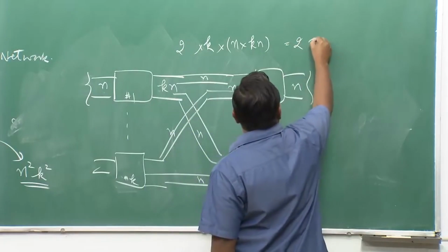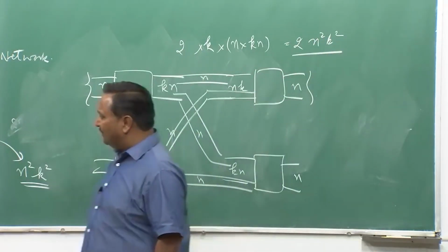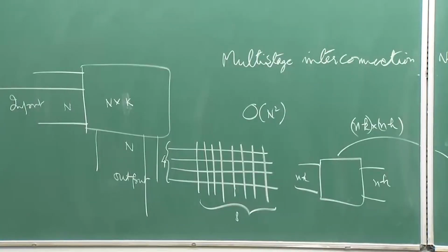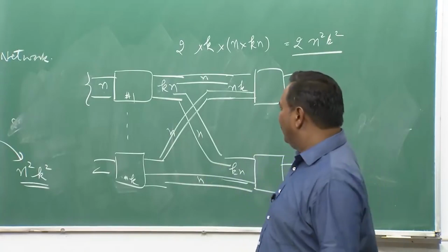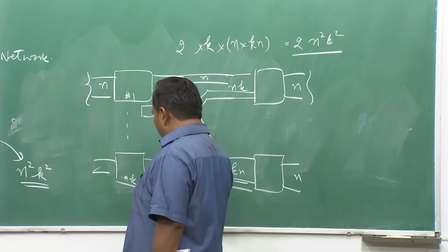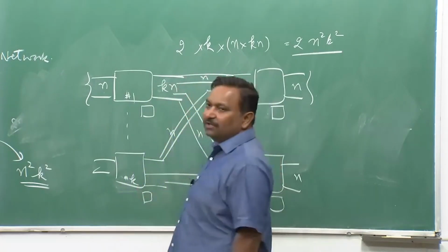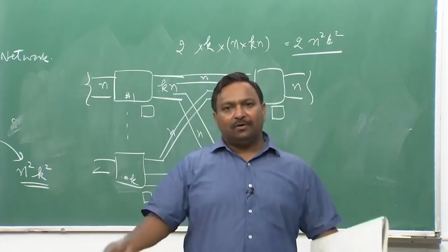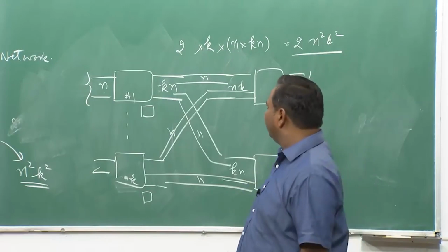You will end up with 2 n square k square, twice what is required by a single crossbar. You do not gain anything in terms of cross point complexity, you only gain in terms of using smaller multiple controllers, multiple separate CPUs controlling. So your computing load gets distributed, which is setting up the connection and dismantling the connection.